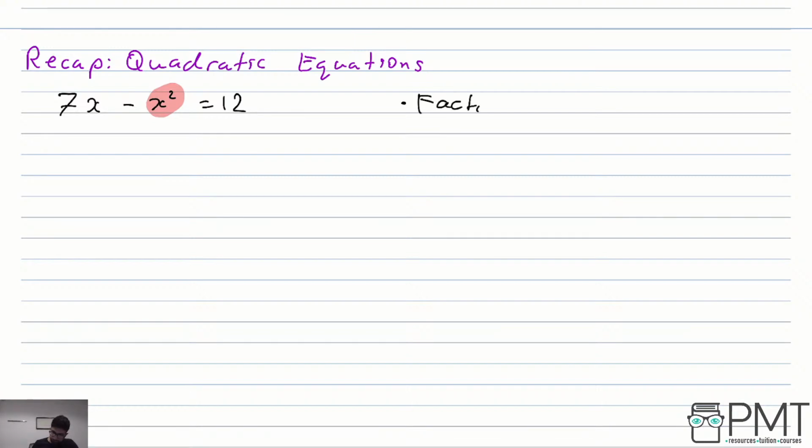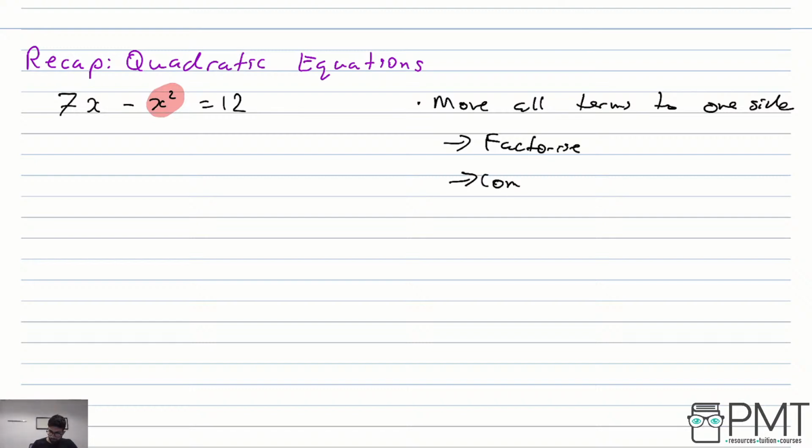So let me write first step, move all terms to one side, then either you factorize, you complete the square, which we are going to do a session on, I think it's next week actually, or you use the formula.